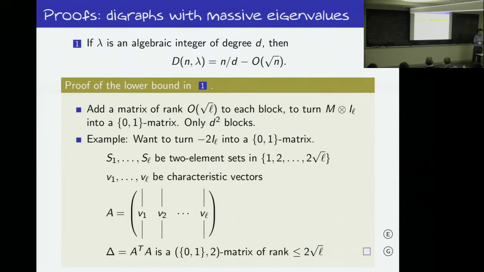The Gram matrix has for its entries the intersection sizes between the sets. Since these are 2-element sets, the only possible off-diagonal intersection sizes are 0 or 1: they're disjoint or share just one element. So this will be a matrix whose diagonal entries will be 2, and its rank will be at most the size of the ground set, which is about square root L.